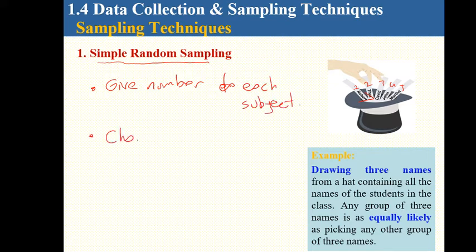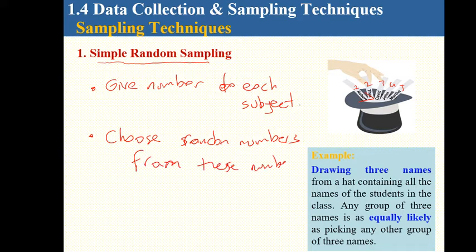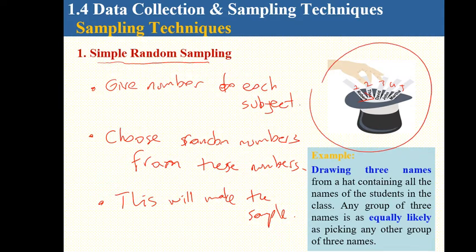Then choose some random numbers from these numbers, and this will make the sample. So you put the numbers, and if you want to choose 10, you just choose 10 numbers.